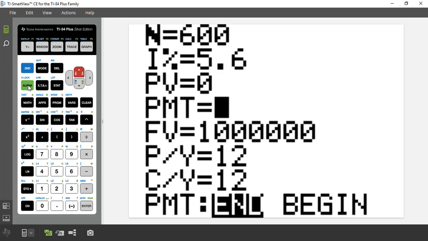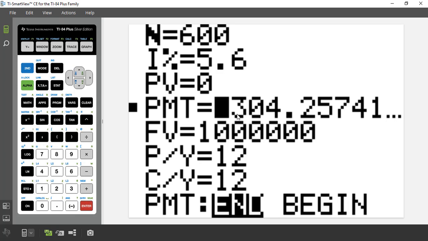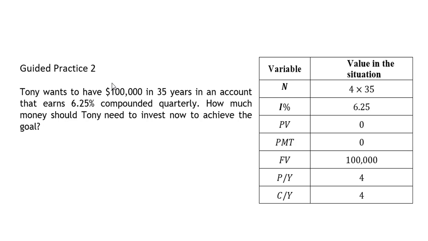You will use this alpha enter to solve. Since this is the money you took out of your pocket, that's why you got a negative. So it will be $304.26.